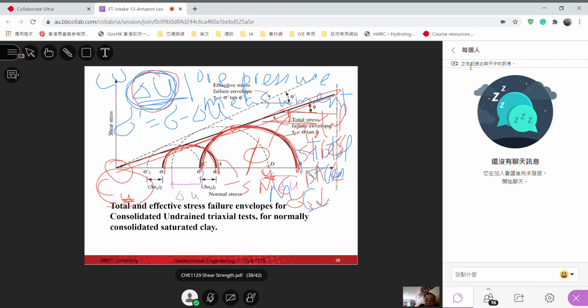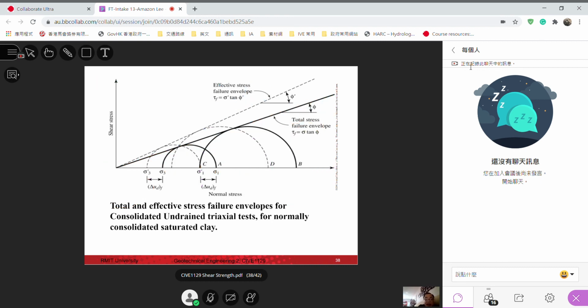So from effective sigma 3, plot it to effective sigma 1. Now maybe I erase that. Initially this is total stress, sigma 1 total, minus the pore pressure, returning it into effective sigma 1 dash.